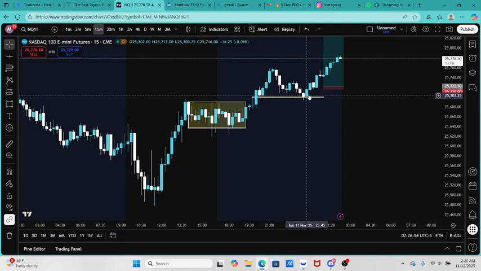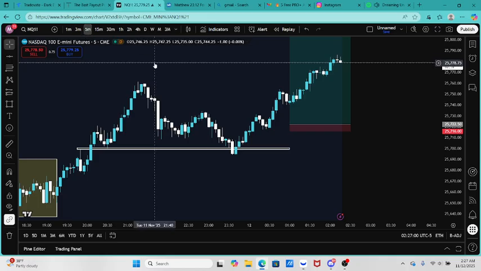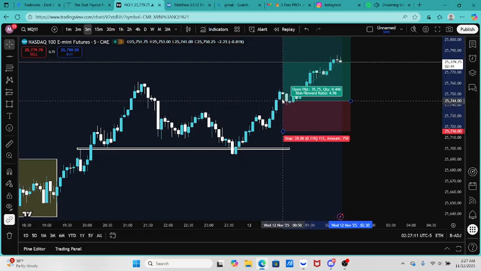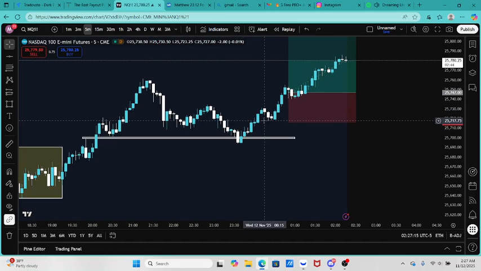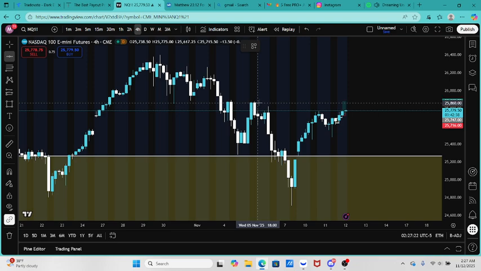Closed above that, created a new high, and then we ended up getting into this trade at 48, right around here, with our stop down here. This is a 4R trade, and we're aiming for these highs right here as our main target.